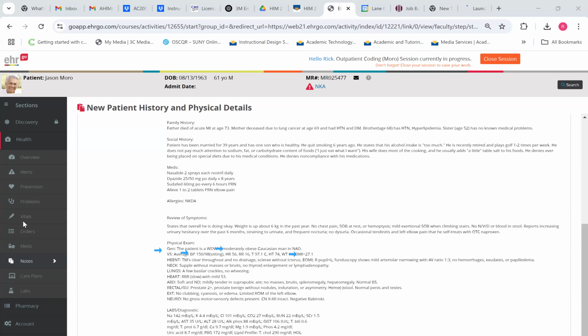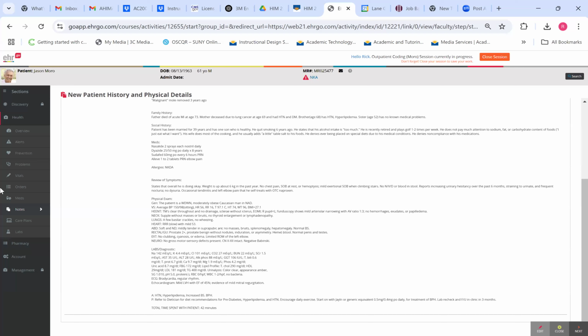So then we go on. Going on in the exam, we see here rectal GU, prostate 2 plus, meaning he has an enlarged prostate, benign without nodules.